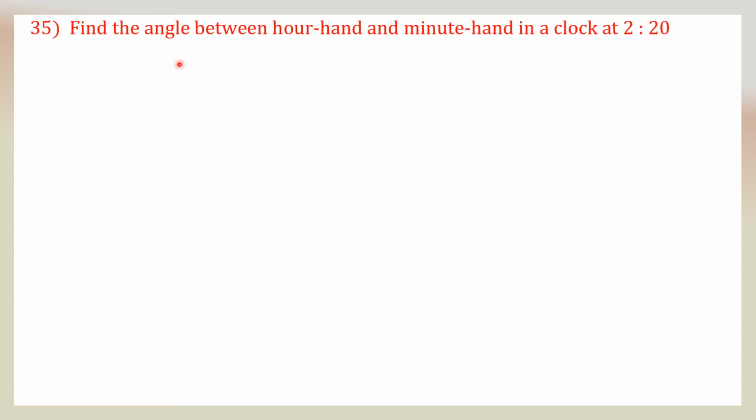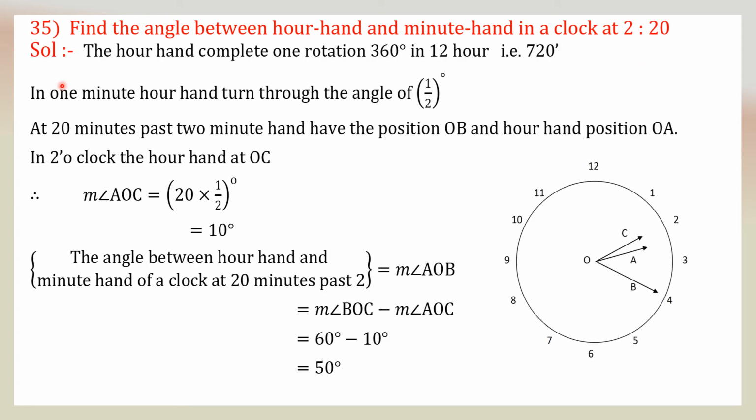Example number 35. Find the angle between the hour hand and the minute hand in a clock at 2 hours and 20 minutes, and find the solution by another method. We know that the hour hand completes one rotation of 360 degrees in 12 hours.